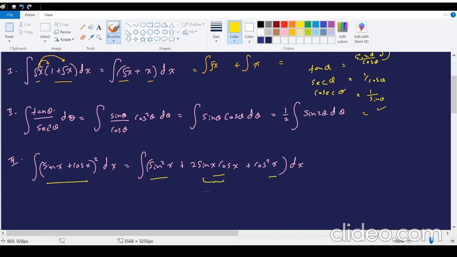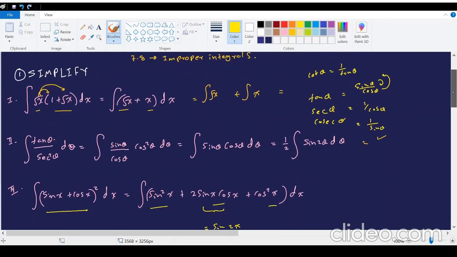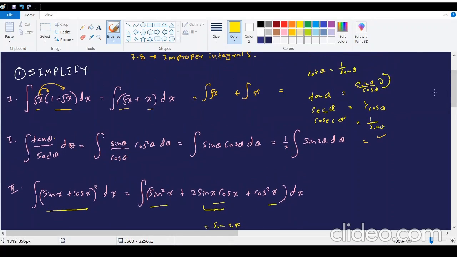For this one, once again we can use the relationship where sine 2x cos 2x is equal to sine 2x, the double angle formula for sine. This is one simple thing that you should try before integrating. All the time this will not work, it's not a universal rule, but it's good practice to see whether you can do some simplifications before dealing with the integral.